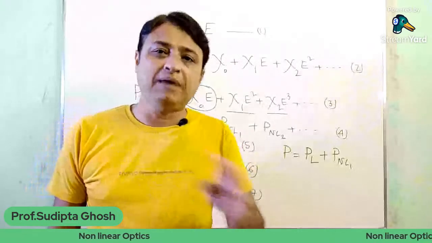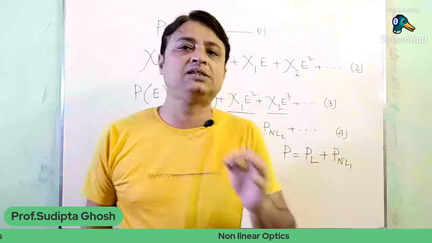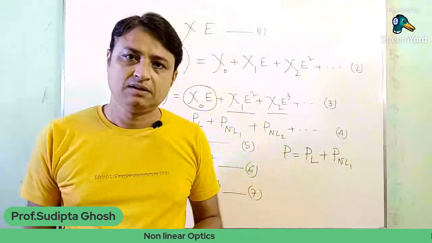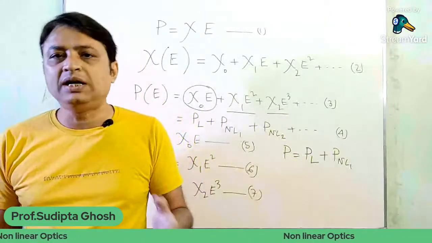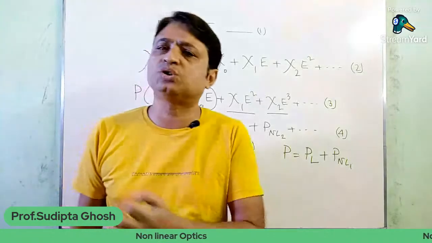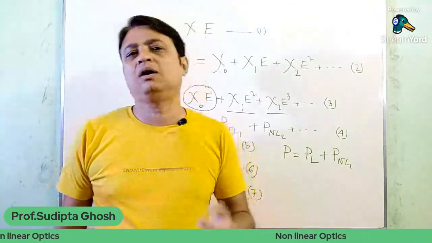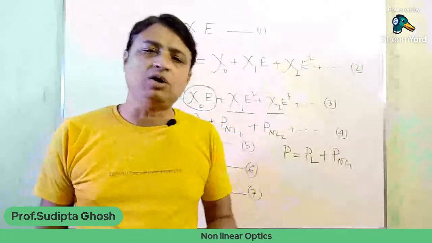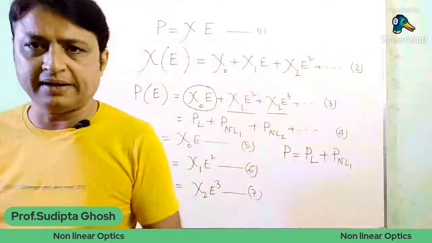But this doesn't mean that all dielectric materials can be regarded as non-linear materials, right? Only some of the materials are regarded as non-linear materials. Why?